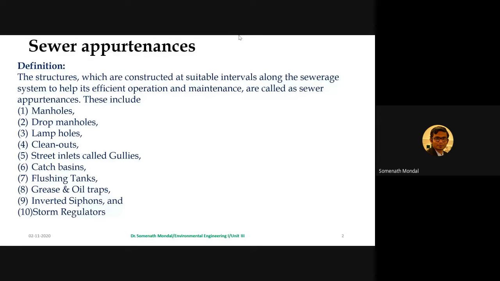These are the devices which are used in most sewage systems, just to have smooth operation and maintenance of the sewage system. Now we'll discuss them one by one in detail.